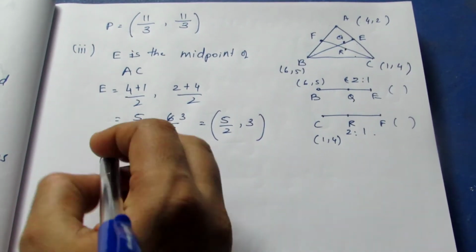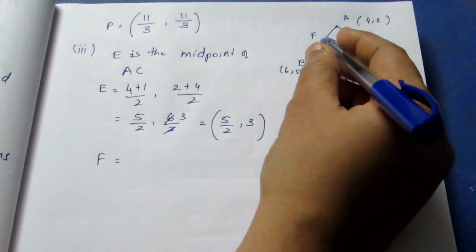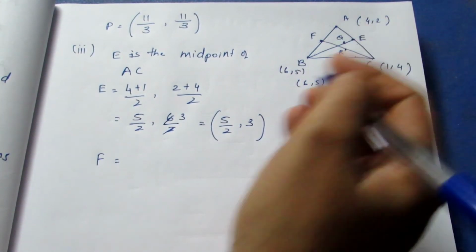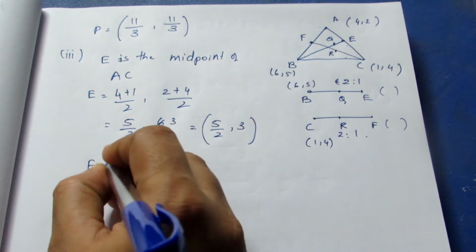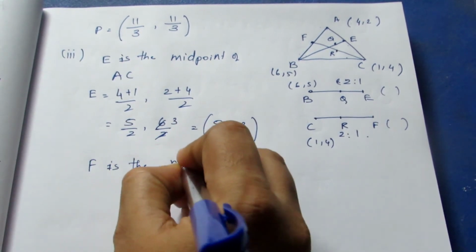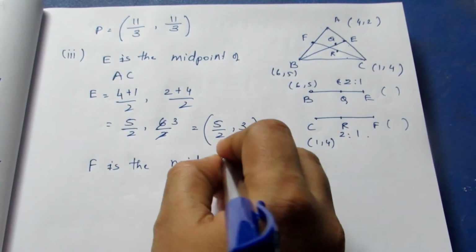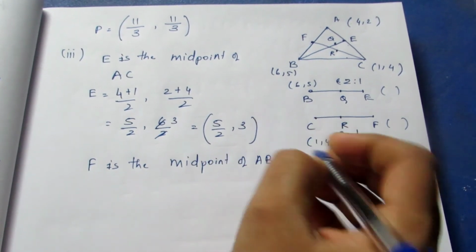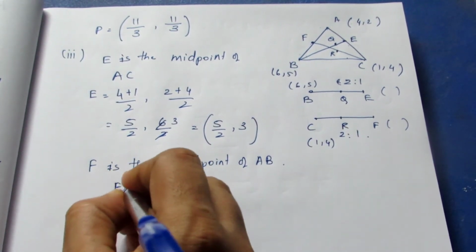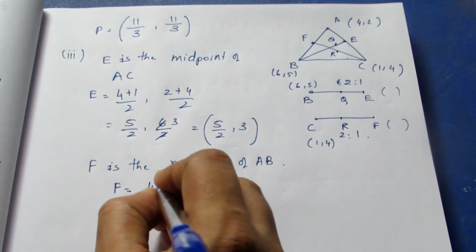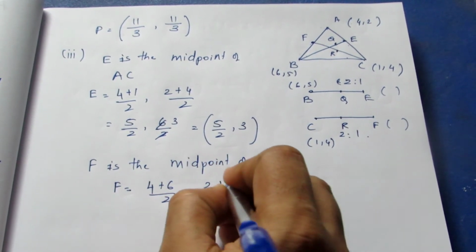Now in the same way we will find F. For F, this is the midpoint of AB. So F is the midpoint of AB, and directly we can substitute in the formula because we have written it. So 4 plus 6 by 2, 2 plus 5 by 2.